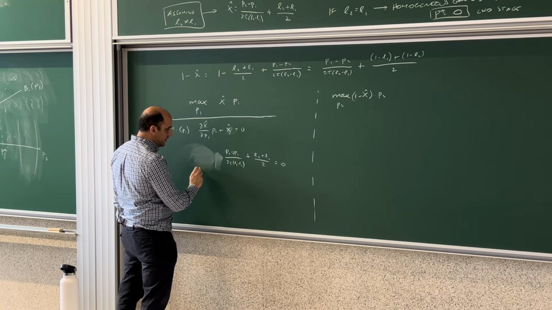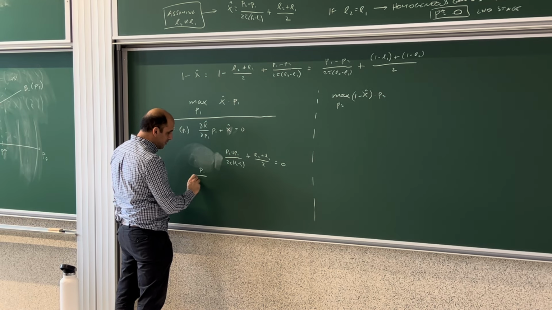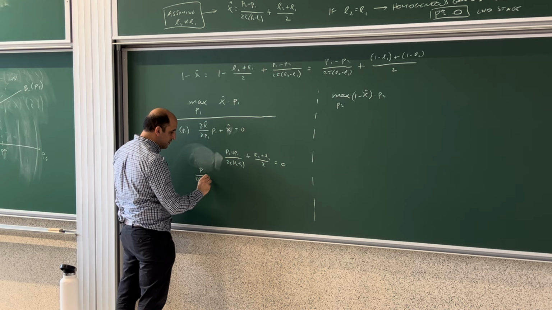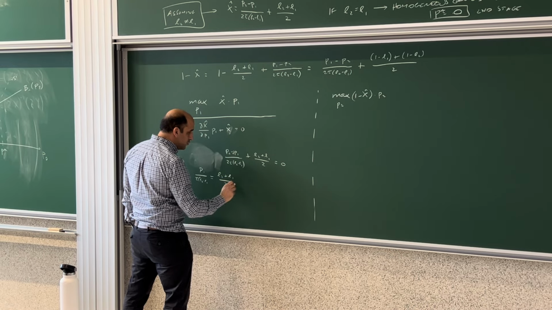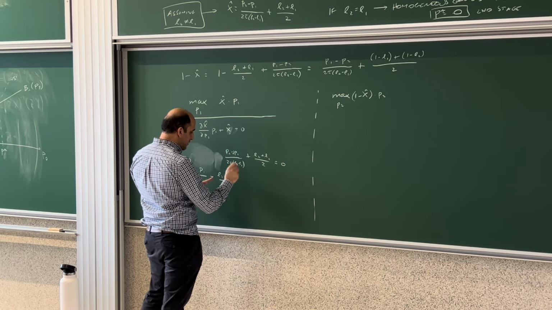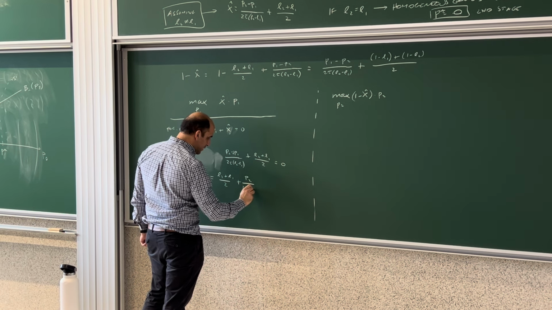So basically, it's going to be P1 over tau times L2 minus L1 equal to L2 plus L1 over 2 plus P2 over 2 tau times L2 minus L1.